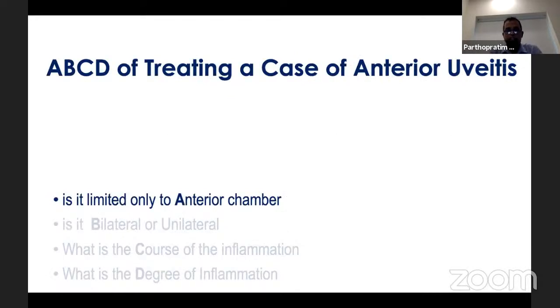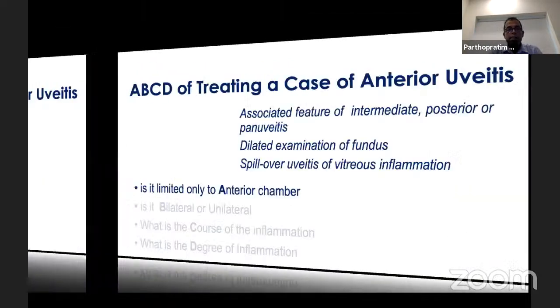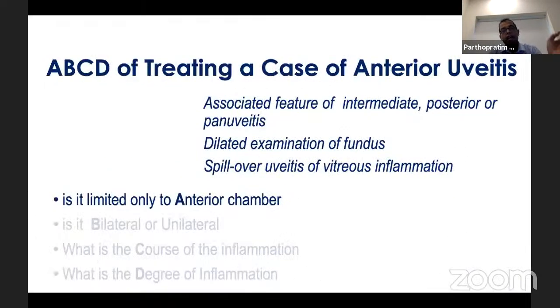Though it is mentioned here as anterior uveitis, it can be applied to any uveitis. First, you understand whether the inflammation is limited only to the anterior chamber, or to the vitreous, or to any particular organ like retina or choroid. The second important thing is that you have to localize the inflammation.